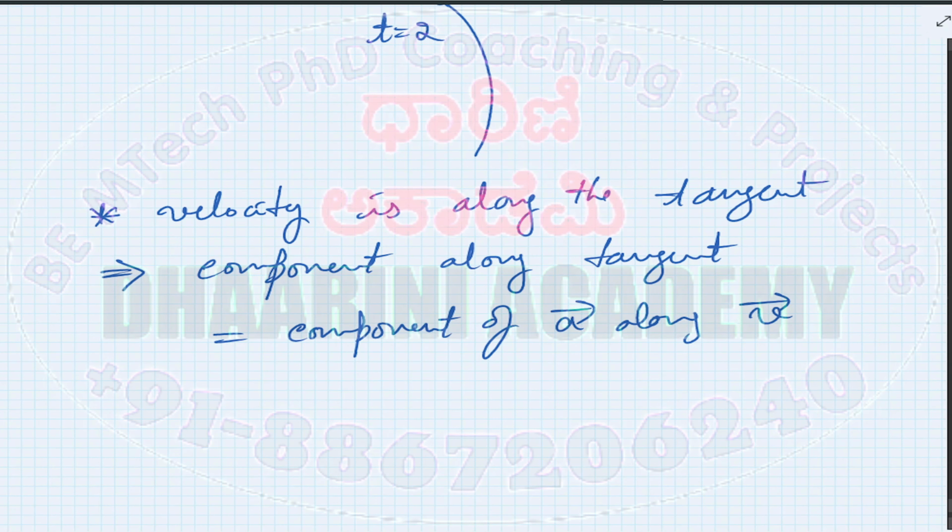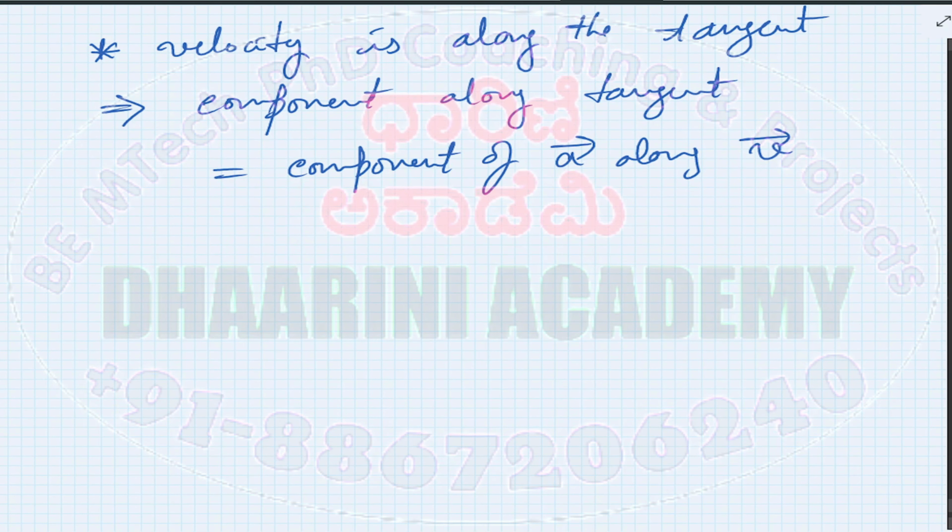A component of one vector along another is nothing but, you need to find a unit vector. Let's find n cap, which is equal to vector v divided by the magnitude of that vector.